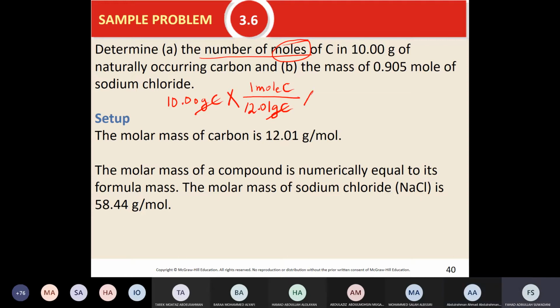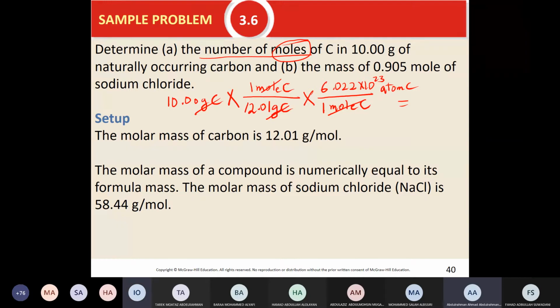Multiply by Avogadro number of carbon over 1 mole of carbon. 1 mole carbon equal to 6.022 times 10 to the power 23 atoms carbon. Mole will go with mole, and we have the answer in atoms carbon. Go ahead and give me the answer quickly. Do it in your calculator.